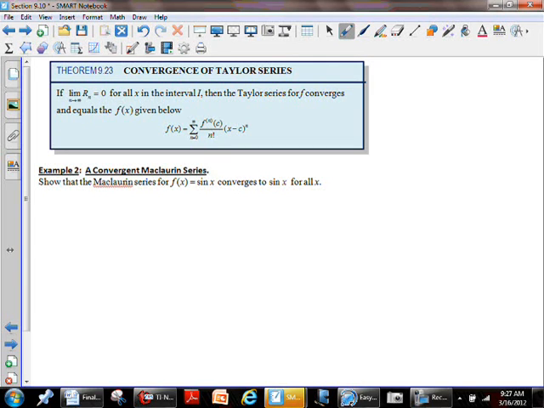It says that if the limit as n approaches infinity of R sub n is equal to 0, let's pause there. What does Rn mean? If you use a different textbook, this might be a little different for you, but in the Larson textbook, Rn refers to the remainder or the error.